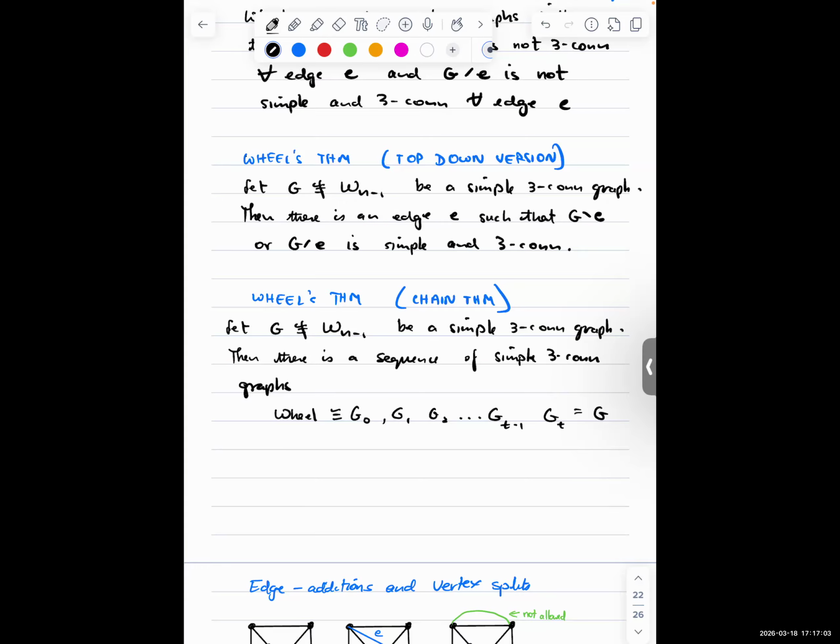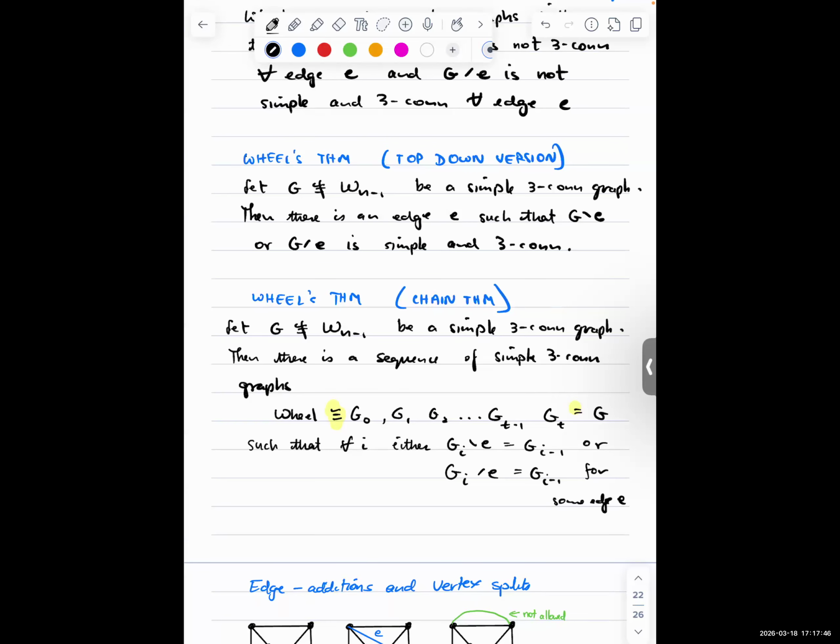Actually, start with G, and you can do deletion and contraction throughout and get down to a wheel, which is why I have equals on one side and isomorphic on the other. Such that for every i, either G_i delete E is equal to G_(i-1), or G_i contract E is G_(i-1), for some edge E.